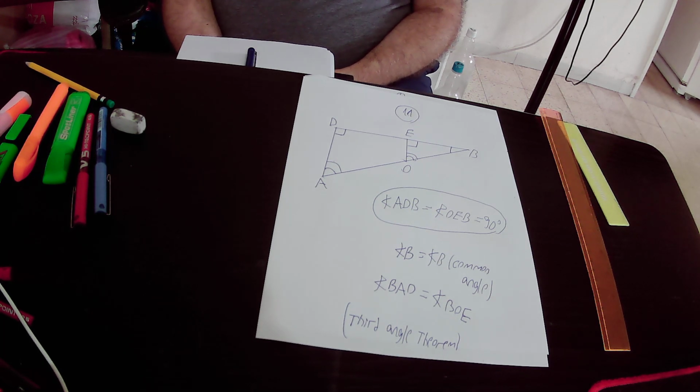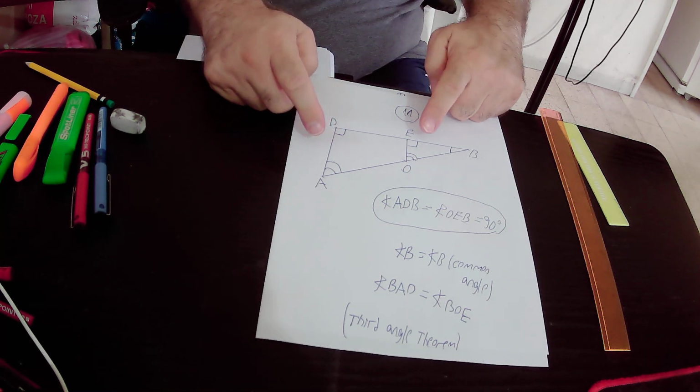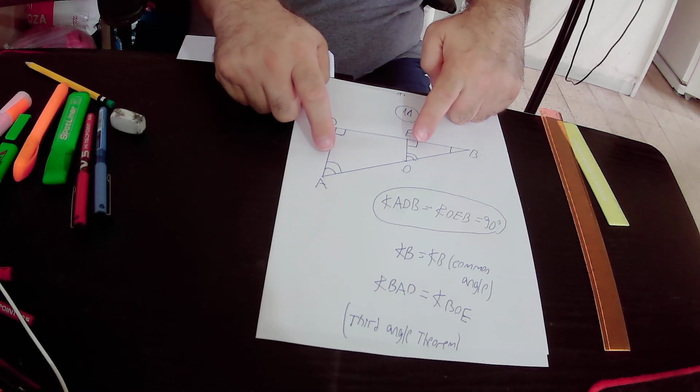So the third pair of angles also must be equal in those two triangles. Therefore, those two angles that are the third pair of angles must be equal to each other.